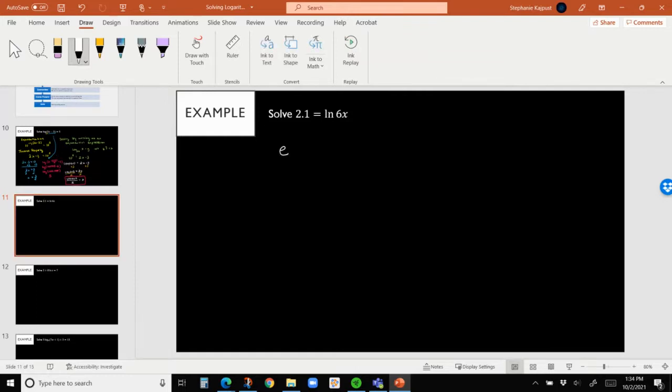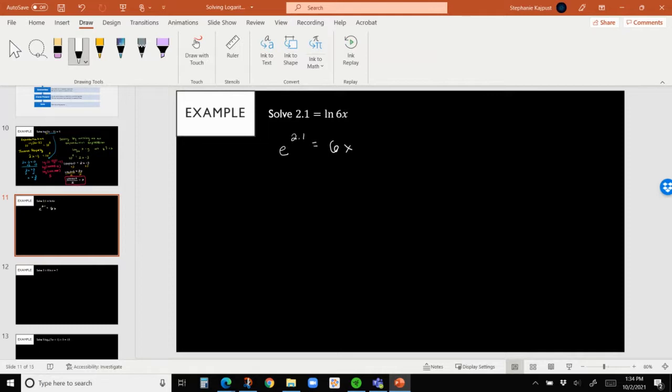So the base of a natural log is e. And then whatever this is equal to, that's the exponent on it. So that's going to be 2.1. And then that's equal to whatever is inside your log, or in this case, inside the natural log. So that's going to be 6x. So that's our first step, where we are rewriting this as an exponential expression. And now we want to solve for x.